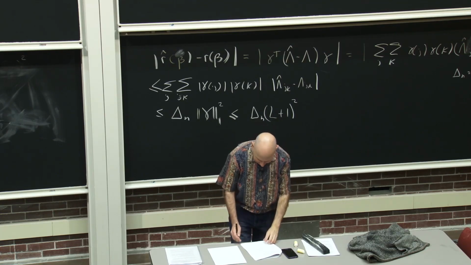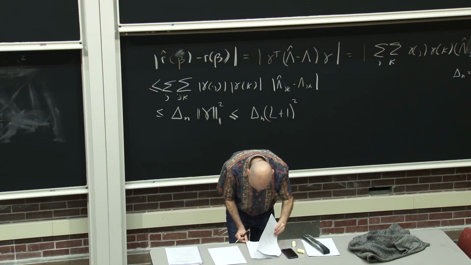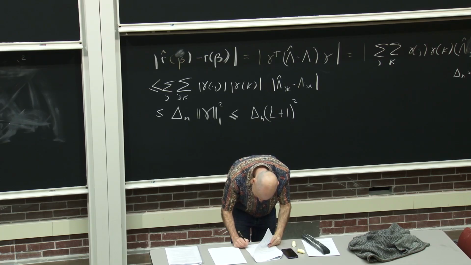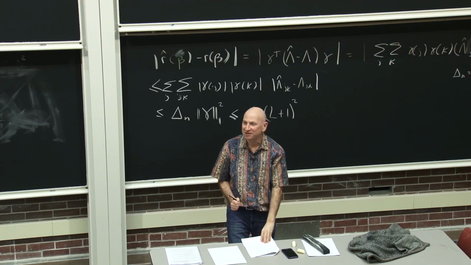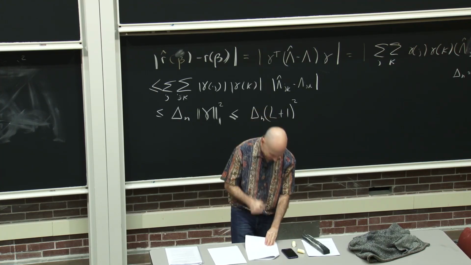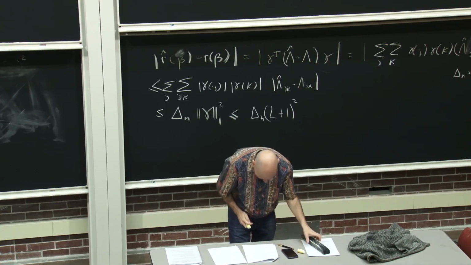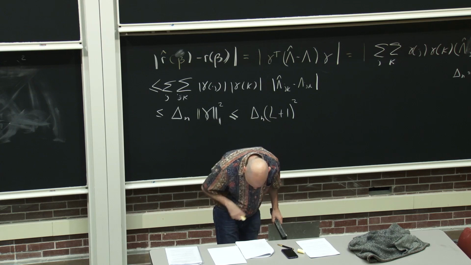Jisoo, you're supposed to be checking those for typos. He's close to perfect. Where is Jisoo? Not here. Oh, that's why he didn't show up. He's close to perfect. Much better than I am at finding typos, that's for sure.